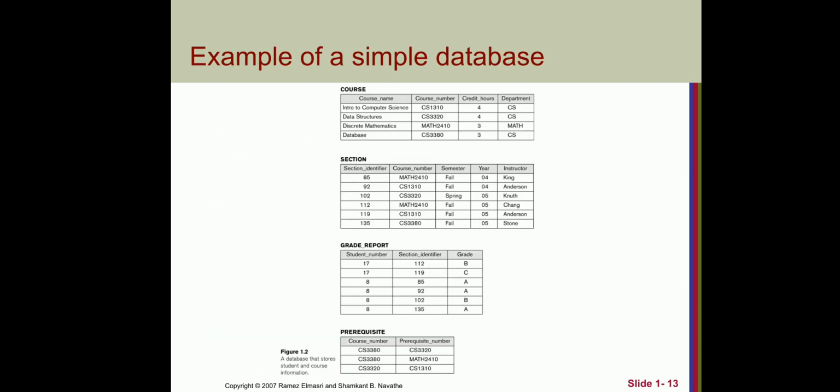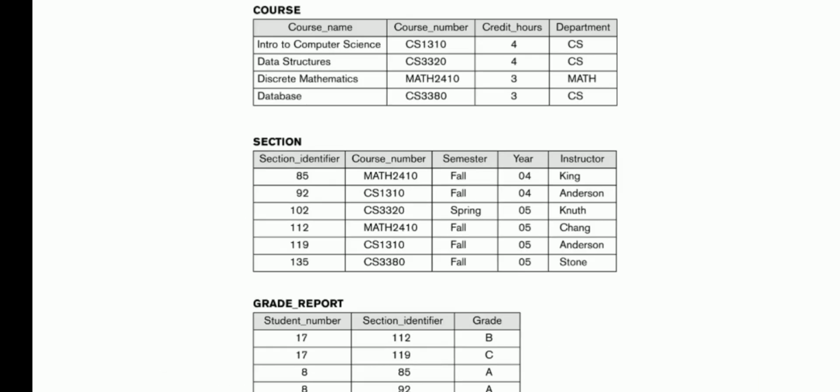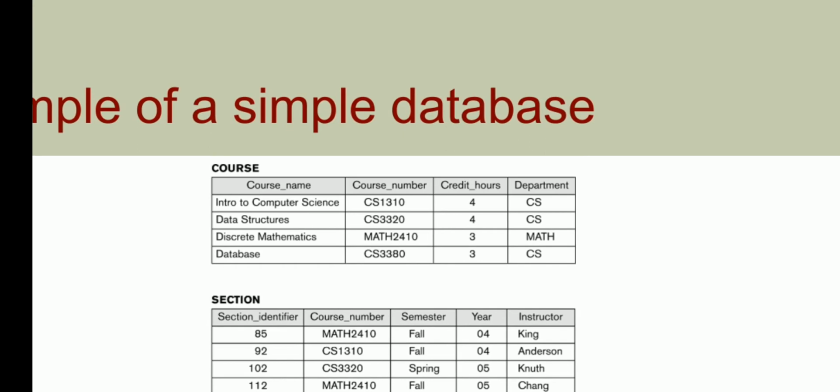We can consider an example of a simple database. Here we have taken entities like course, section, grade report, and prerequisite. You can see we have a course table. A course is an entity here, which has components like course name, course number, credit hours, and department.